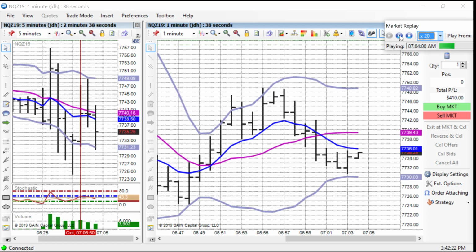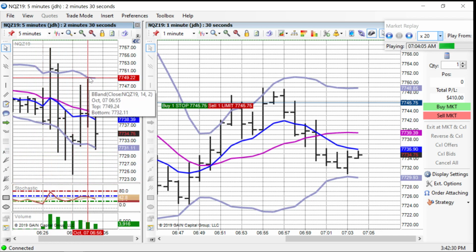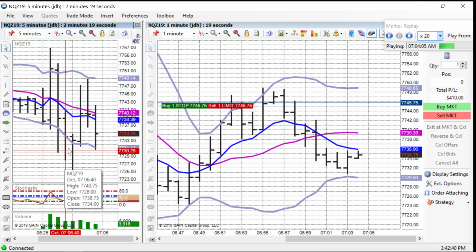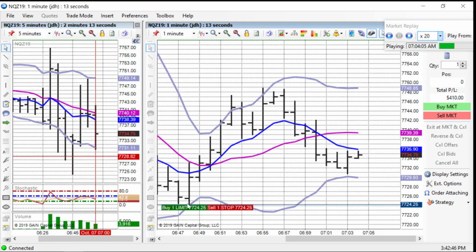What I'm watching here as well is, if you look on the 5-minute chart, what I'm seeing here is a 1, 2, 3 bottom setup. The formations will be the same on the 5-minute chart, just at a different time frame. This would be the equivalent of this area right through here on the 1-minute chart.